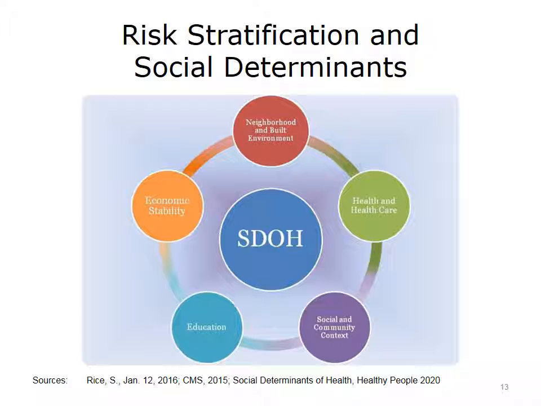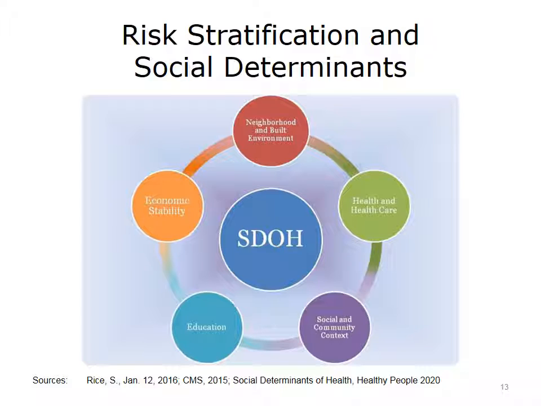CMS has been criticized for using quality metrics that may unfairly penalize hospitals and providers in low-income areas. Recently, CMS announced an initiative, the Accountable Health Communities Model, meant to improve health outcomes by promoting collaboration between clinical healthcare and community social support organizations.